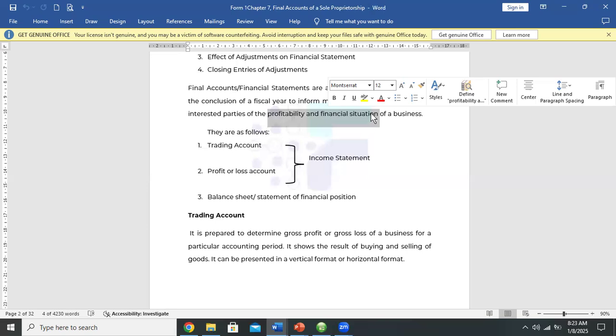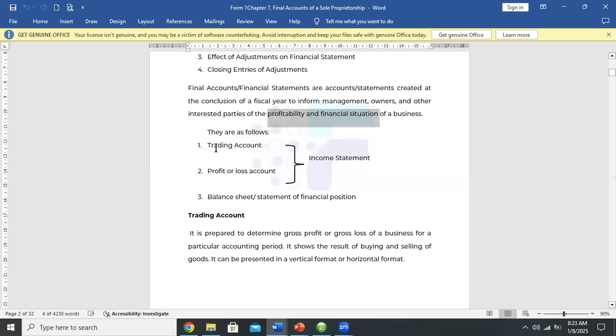Okay, so there are three main accounts we are supposed to prepare, or financial statements, if I'm to put it. Some are accounts, others are just statements. Three main ones under the sole proprietorship. The first one you see here is the trading account, and we'll look at it briefly. The second is the profit and loss account, and the third is the balance sheet.